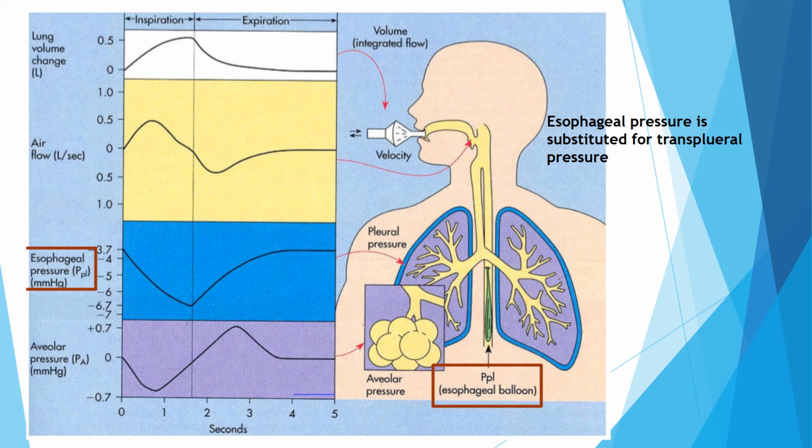So when you look here, again, this was our alveolar pressure. It goes negative, back up. Esophageal pressure goes all the way down, just like the intrapulmonary pressure, or the transpleural pressure. So here we pop our balloon down, and it's going to give us kind of a reflective measurement of what's going on right next door, right in here.